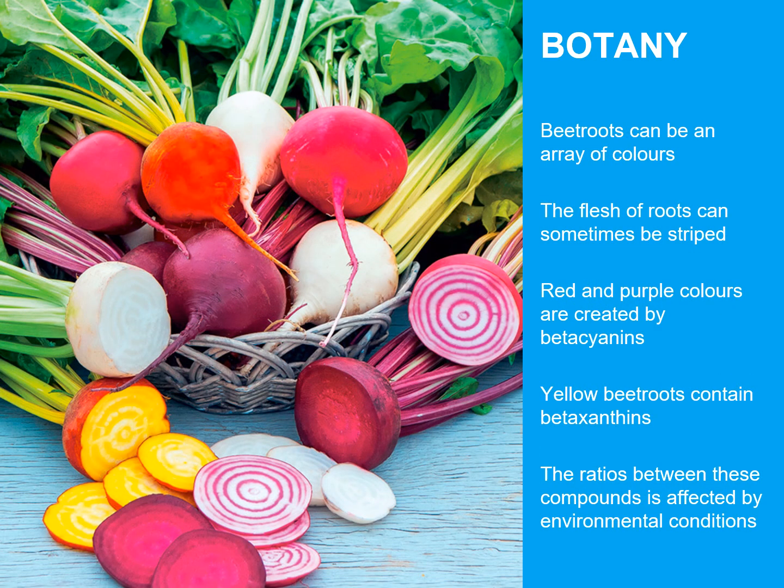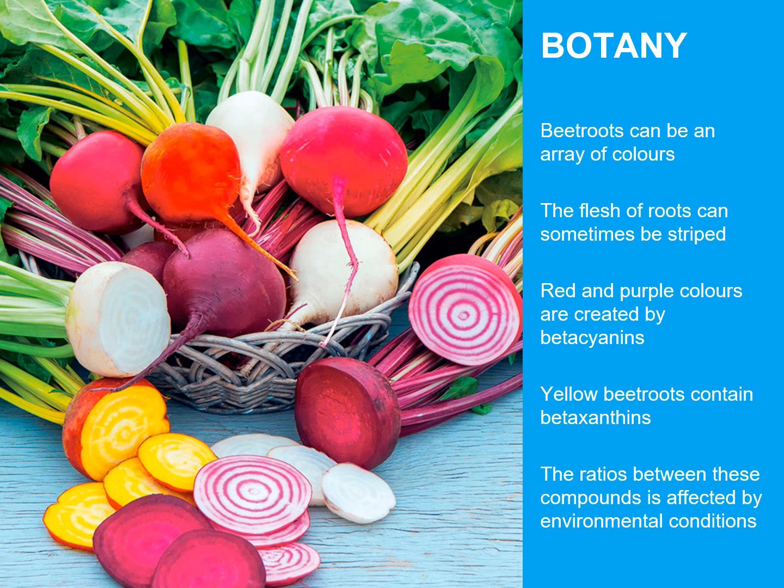But beetroots can be an array of different colours, as you can see in this slide. The flesh of the roots can sometimes even be striped on the inside, so you have this alternating banding pattern. Red and purple cultivars are coloured that way because they have high concentrations of compounds called beta-cyanins.